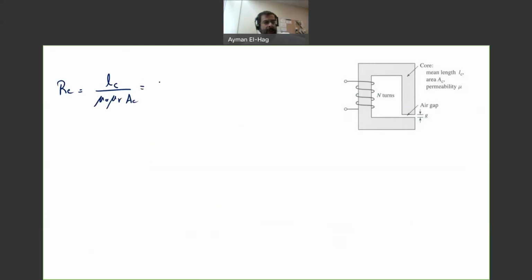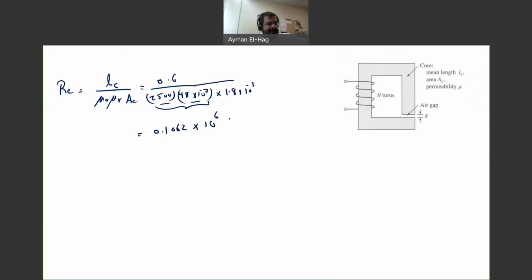AC we already know, 0.6 meter. Mu r is 2,500 times mu 0, which is 4 pi times 10 to minus 7, times AC, which is 1.8 times 10 to minus 3. We found the reluctance is equal to 0.1062 times 10 to the power 6 ampere turn per Weber.